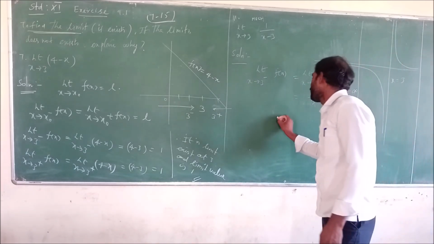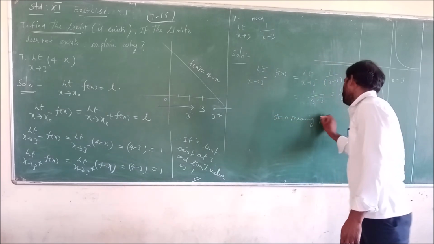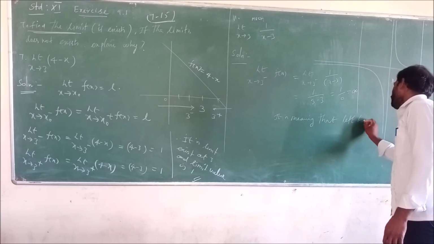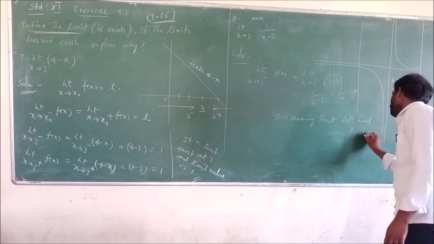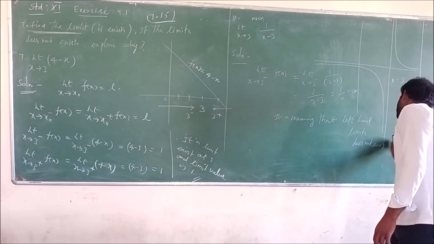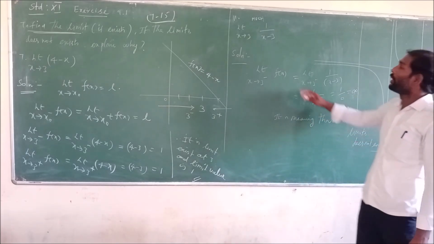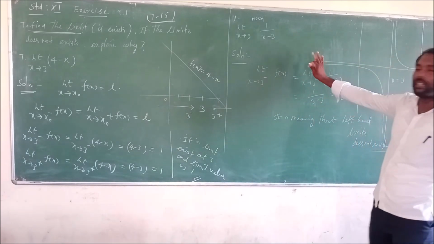It means that the left hand limit does not exist because it is infinity. We need not check the right hand limit, only one limit part.